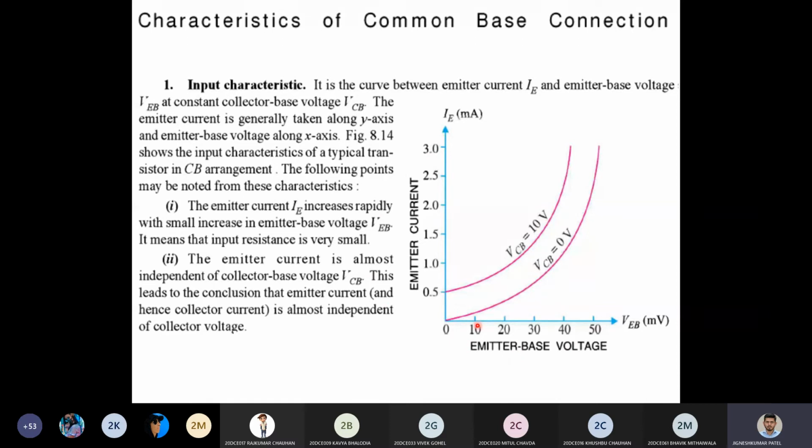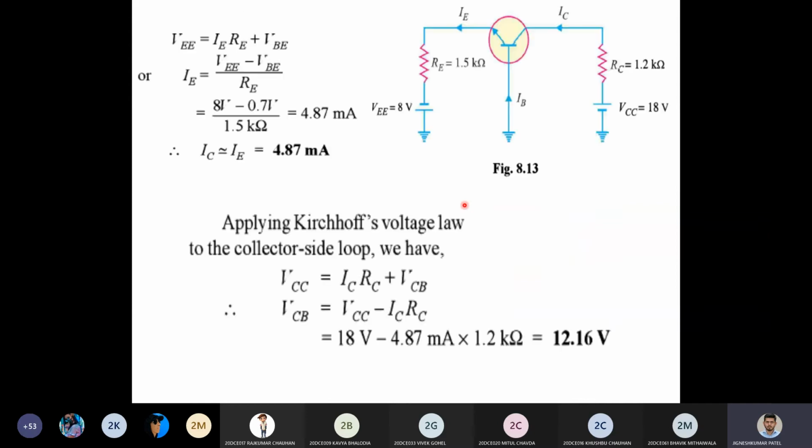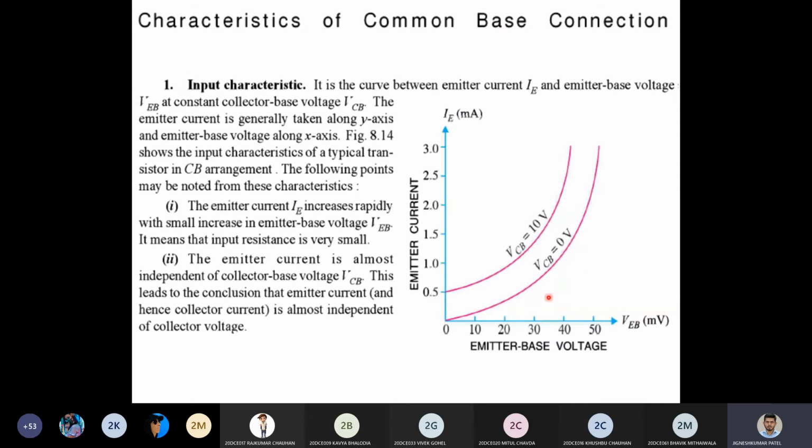If you look at this graph, it almost looks like a PN junction diode graph. Why is it so? Because VEB means the voltage between your PN junction diode, between these two. If I increase this voltage, more current will flow in the PN junction diode. The same thing happens here, so it's almost like that.